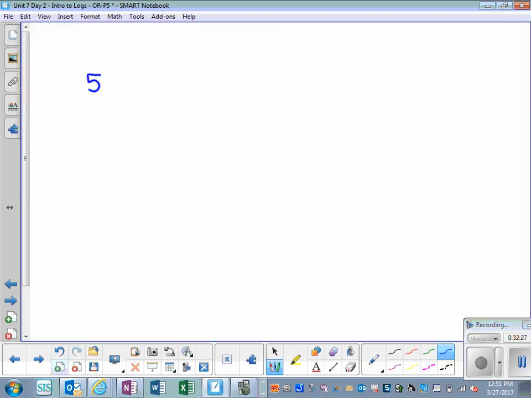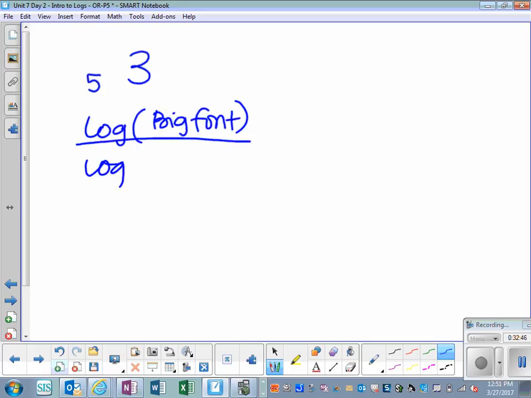So if I gave you this and I gave you that, which one has the bigger font size? 3 is the bigger font size. And what's the small font? 5. This is very simplified. I tell my students big font over small font.